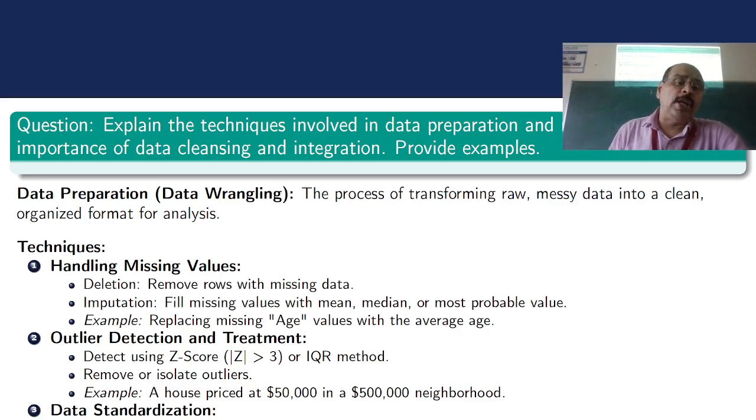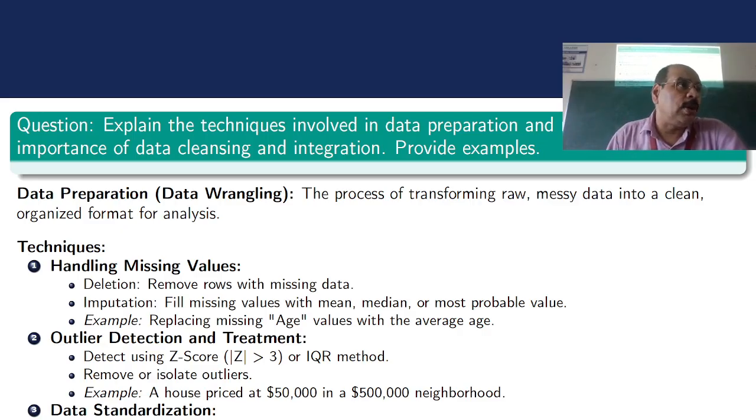The techniques involved in data preparation: first thing is missing values. You need to fill in the missing values. You need to find out whether a data point is an outlier or not. Then you standardize the data with the help of z-score. You determine the outlier also with the help of z-score only. Data standardization, you have two methods.